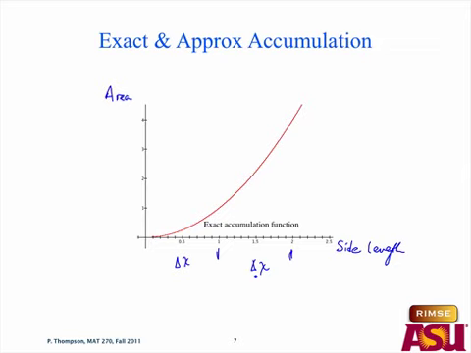Could you set a constant rate between that interval? Okay. Do we decide what the rate is? Could you use the slope of the graph? Slope is important. The question is, what's our approximate accumulation function going to look like?